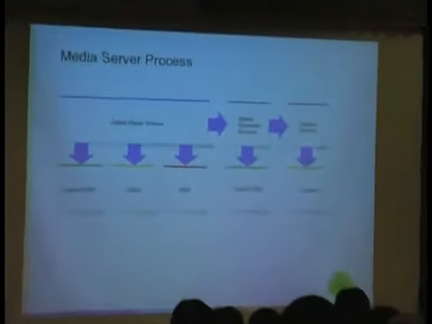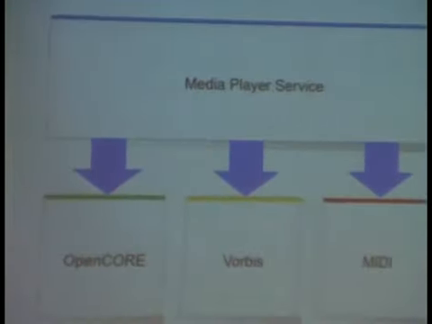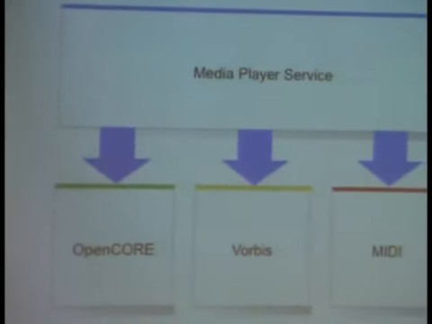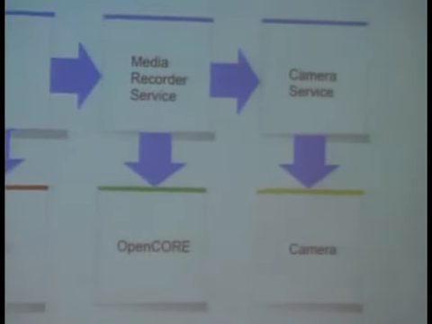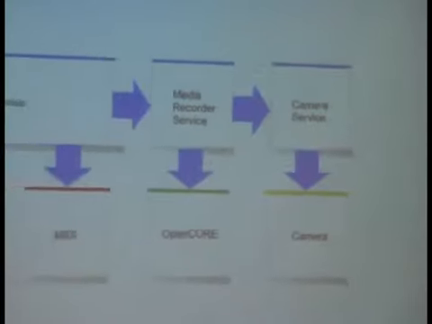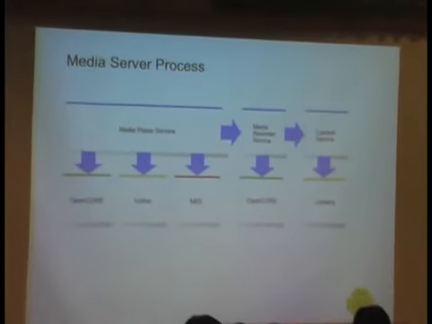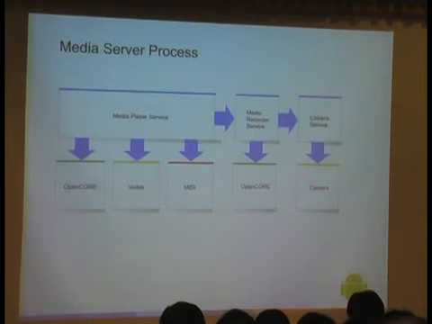So looking at the media server process, media player service has a number of different things that it does. It includes the media player itself, media recorder service, and the camera service. And then underneath the media player service, what we've done, I think I mentioned earlier, we talked about expansion for the future.